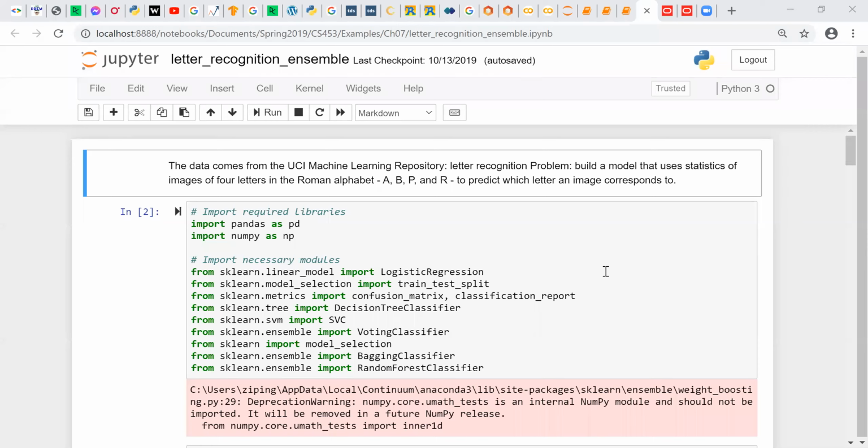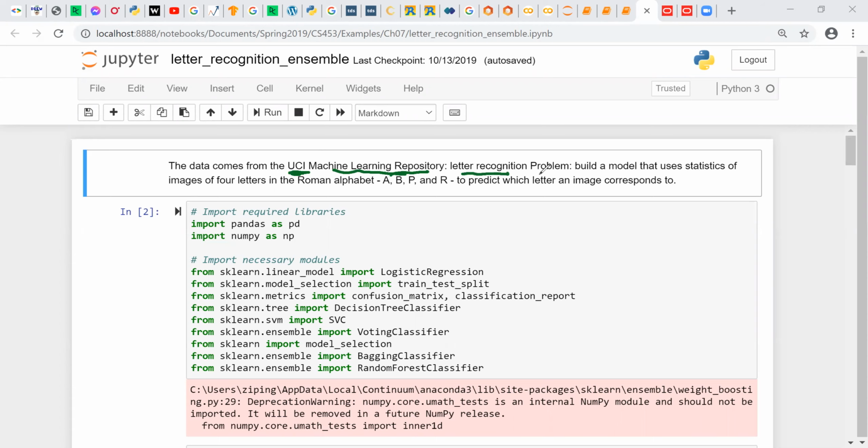The first example is also from the UCI machine learning repository, one of the classic machine learning data repositories. This is regarding letter recognition.